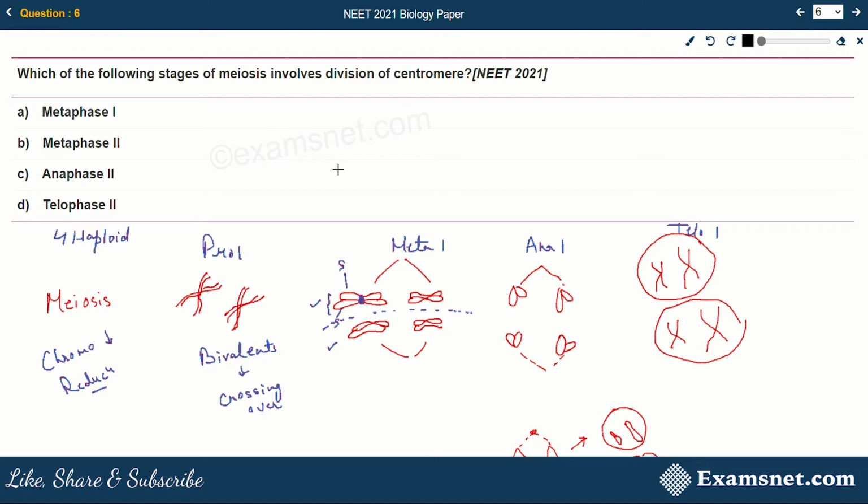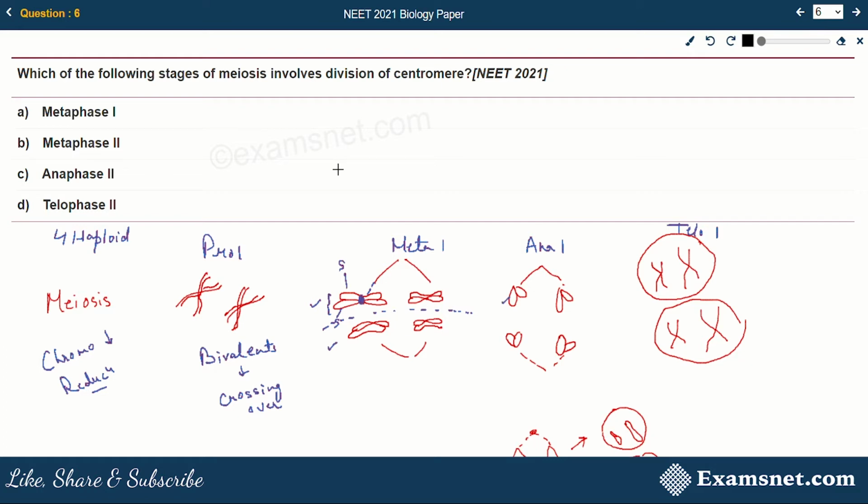Now, this centromere is also important as the spindle fibers are attached to these centromeres, and with the help of centromeres, these spindle fibers pull these chromosomes towards the opposite poles. Now each pole receives half the number of chromosomes of the parent cell.